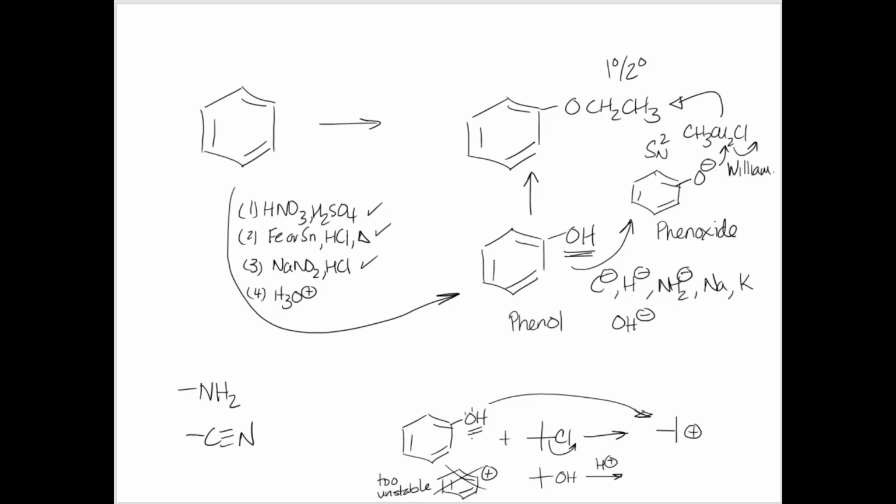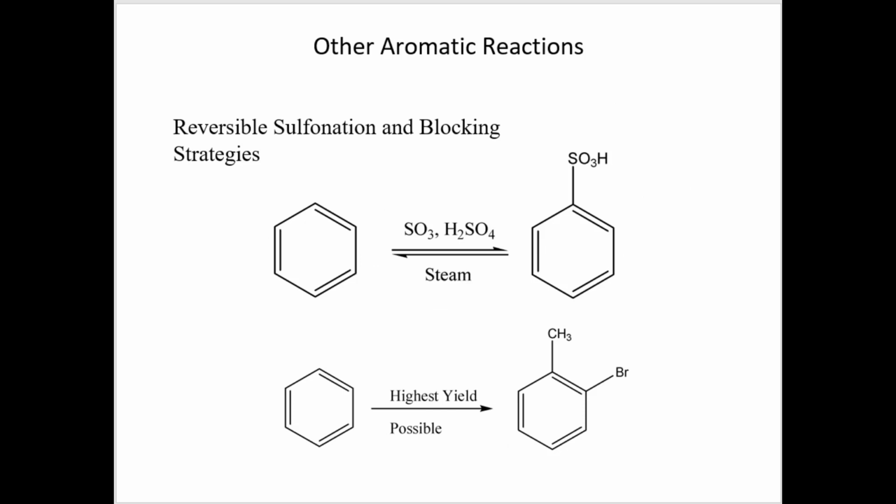So now we can put all the different groups on our chart on the ring. The last topic that I want to discuss is what's called blocking strategies. The other thing we have to be aware of is that in a real synthesis, we're trying to maximize our yield. So for instance, let's say somebody said, I want you to make ortho-bromotoluene.